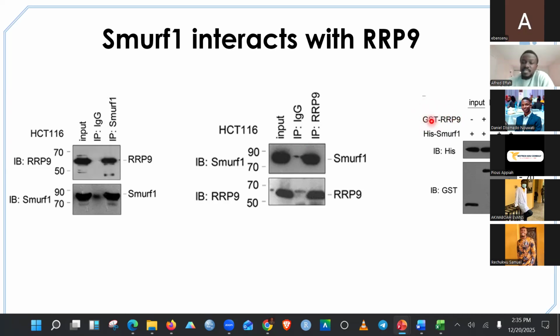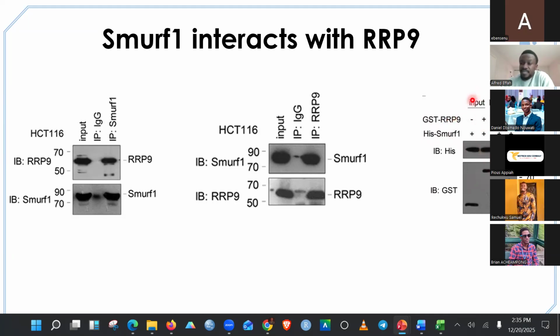GST is glutathione S-transferase, I think, yeah. Now we fuse it with this. It has a very high affinity for glutathione beads, so you incubate it with the beads. Then you also incubate it with the SMURF. And if there is an interaction, then SMURF should bind to this complex. So you pull down the complex and then you perform a Western blot to see.